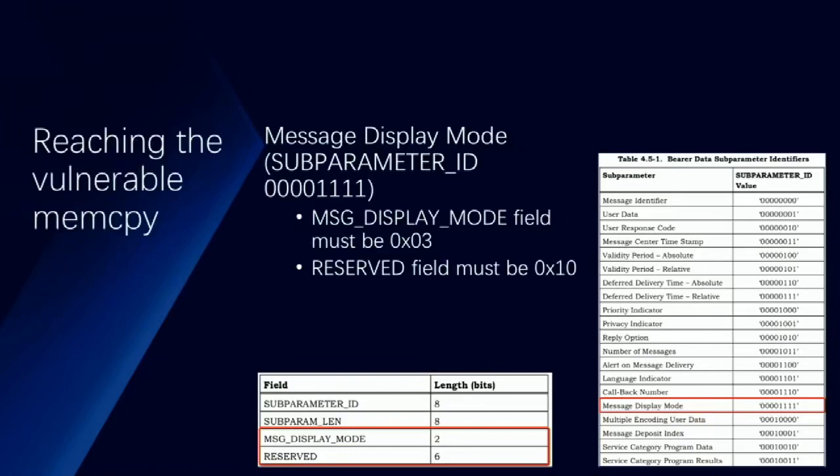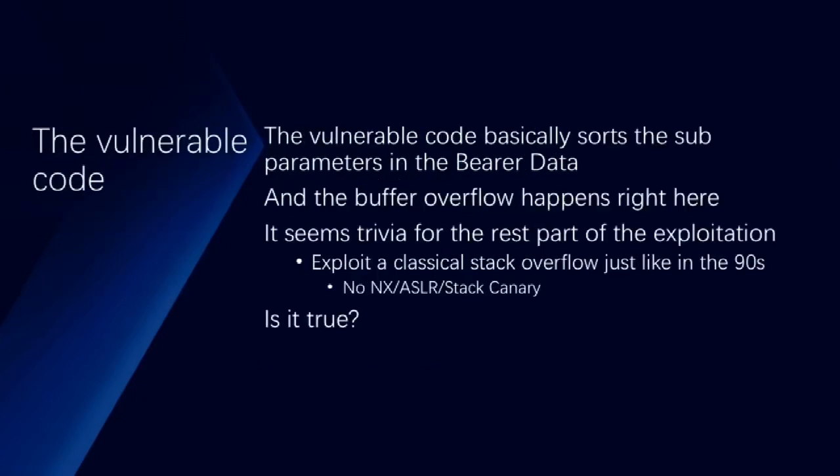The structure of the message display mode looks like this. It has many fields itself. We have to set the message display mode to 0x03, which is 2 bits, and then set the reserved field to 0x10. As you can see, the PIL message is actually a vendor-specific feature, so it is not in the specification. After we set all the fields correctly, it looks like we can reach that final vulnerable memory copy.